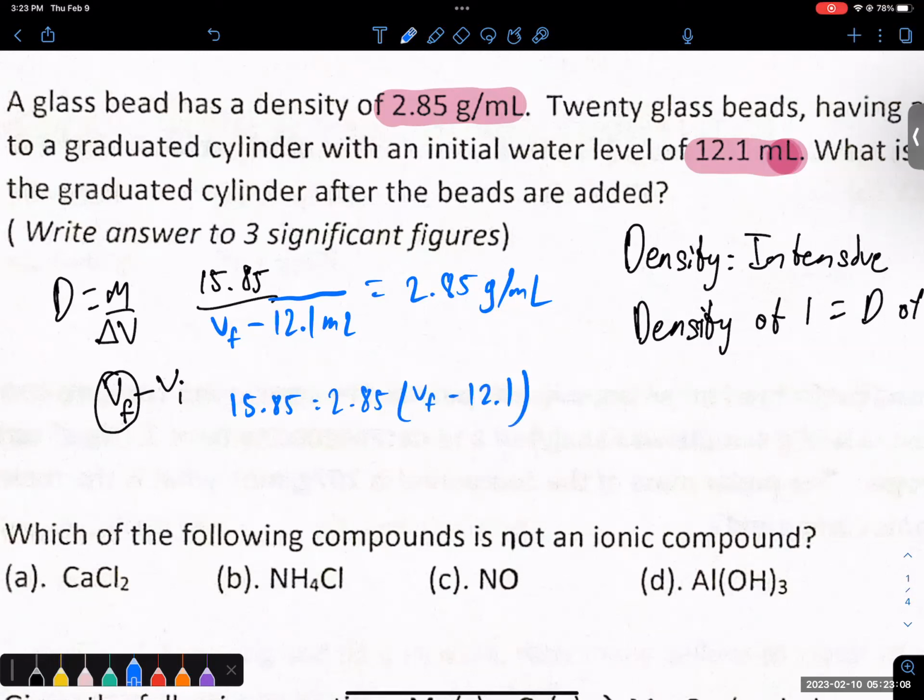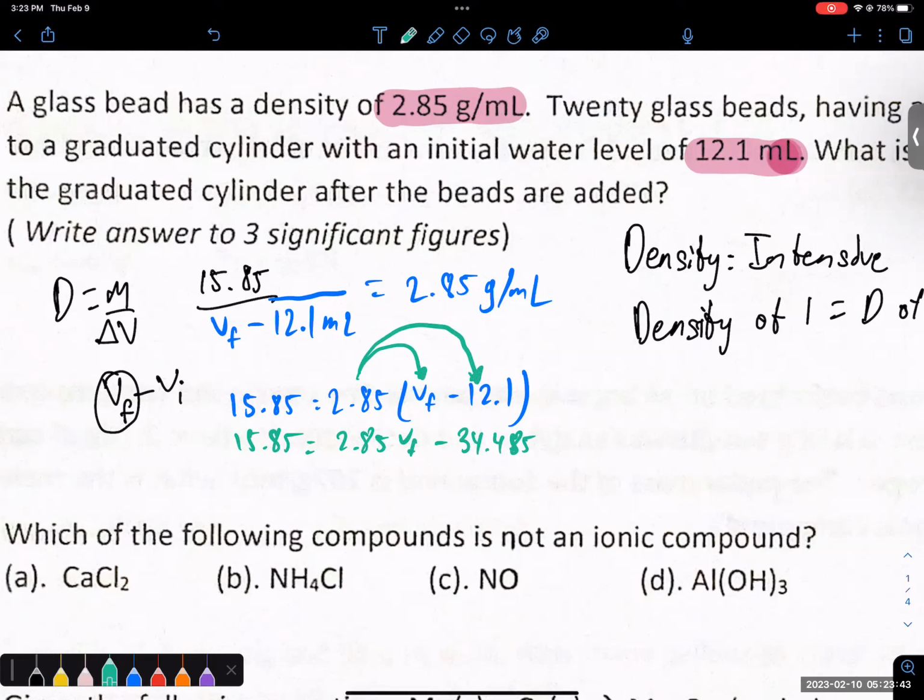If we pull out our calculator, and simplify the right side of the equation, we get 15.85 equals 2.85 VF minus 2.85 times 12.1, which is 34.485. How I got this was I distributed the 2.85 to both terms, so 2.85 here, and there.